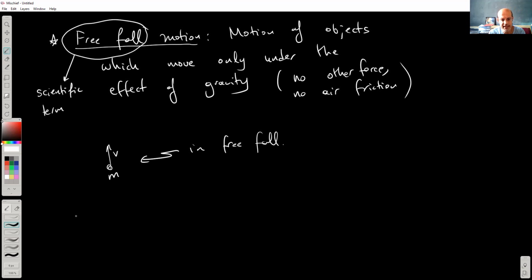So in any case, that's some kind of a law that we are going to state later. So all objects in free fall have almost constant actually, but let's just say constant in here, constant acceleration.